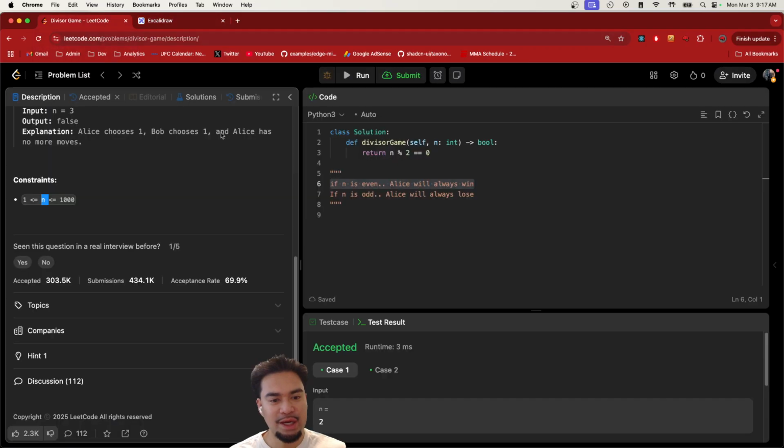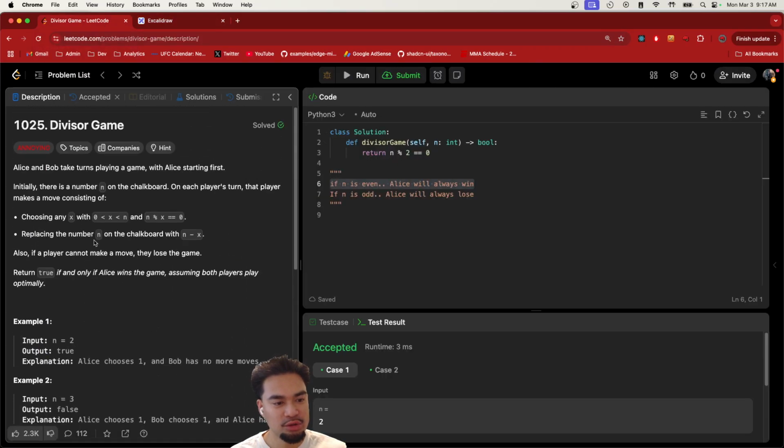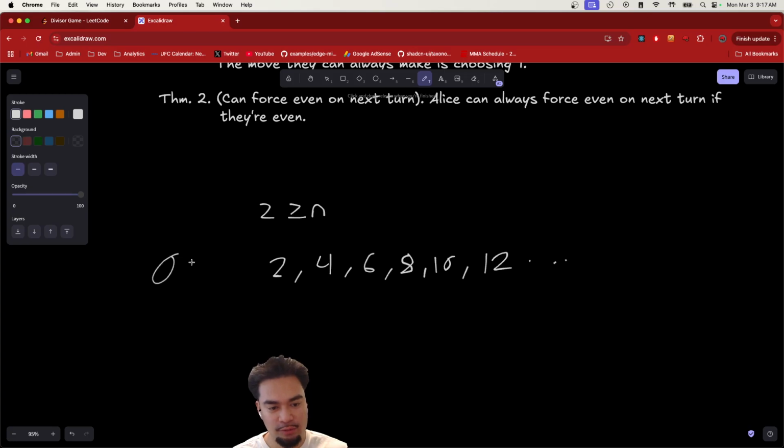Also, if you use any of these as the boundary here, you can always pick a number between 0 and any of these numbers, since 1 will always be between 0 and any of them. So if we do this, 0, and then we have to choose an x, right?